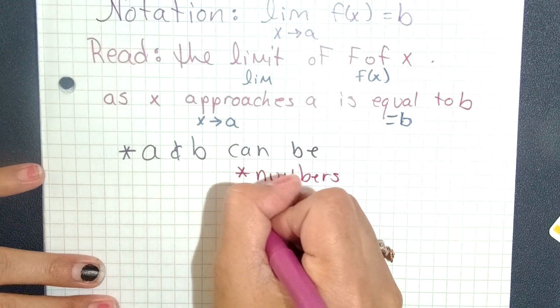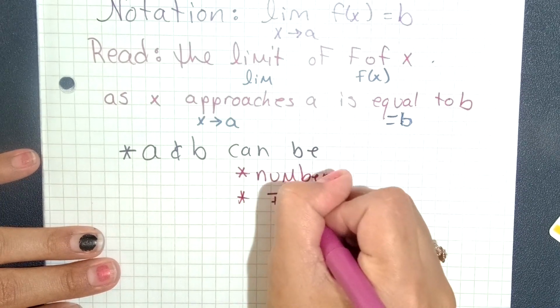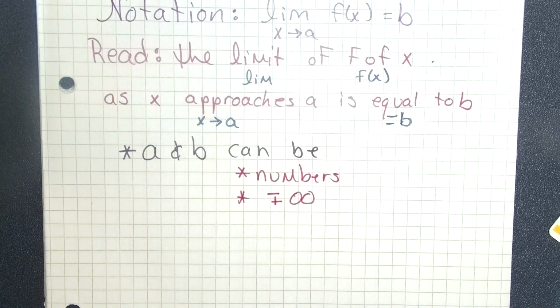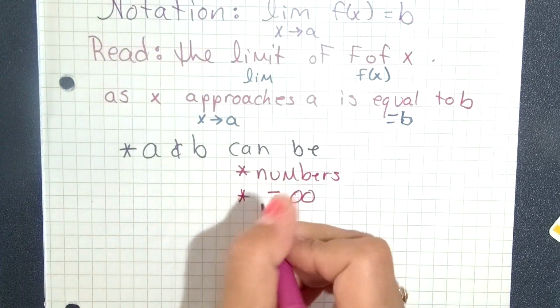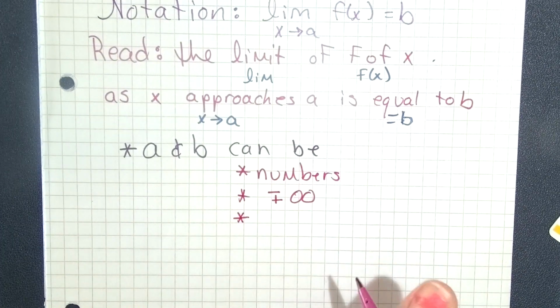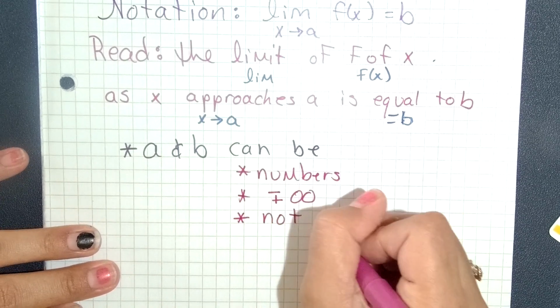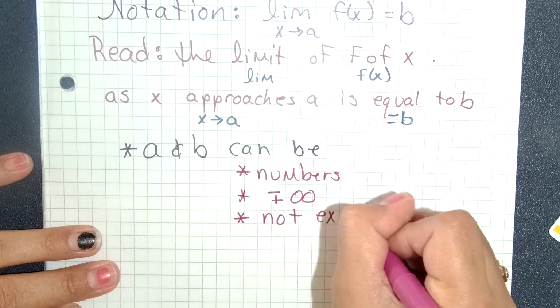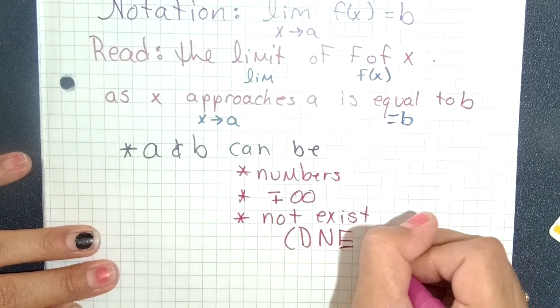It could also, we'll talk about this later, go to negative or positive infinity. So we'll talk about this one later, but right now we're going to do numbers, but we need this for later. Or it can also not exist. And we call this does not exist, DNE.